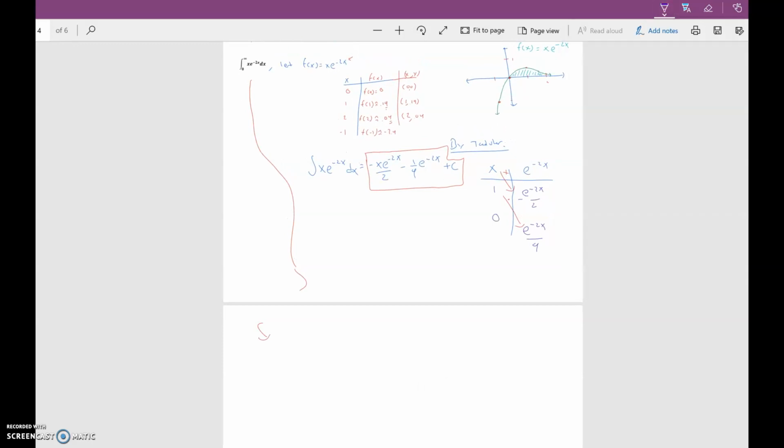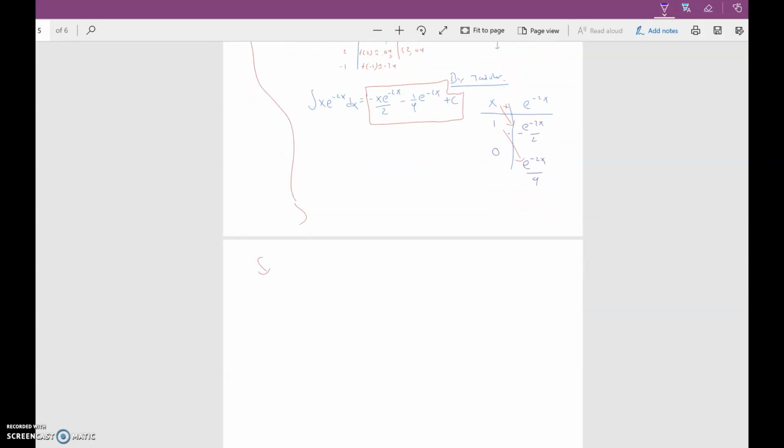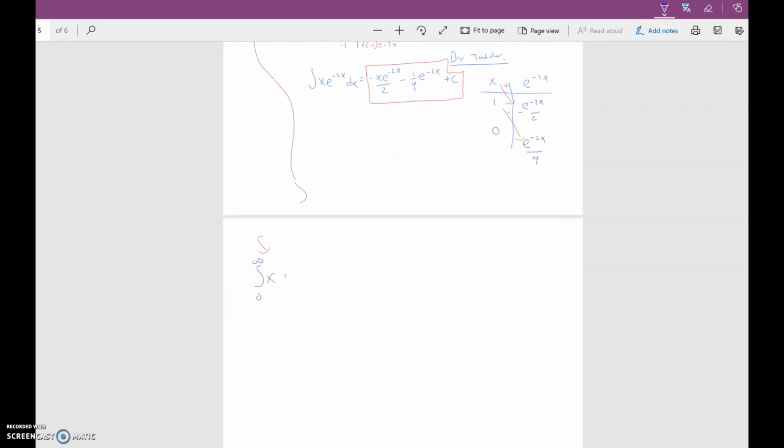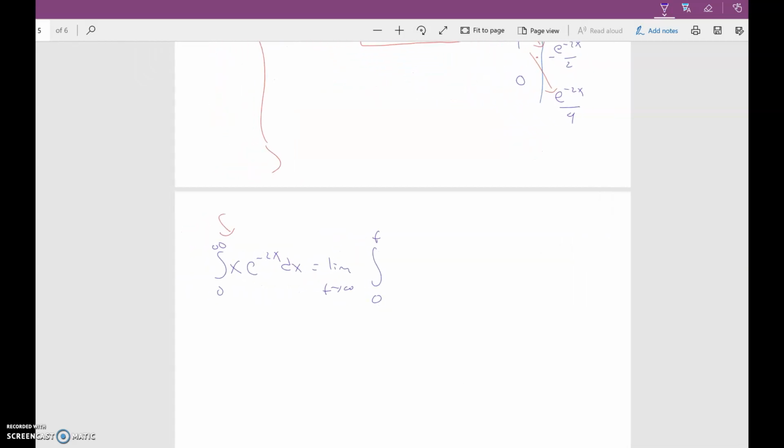In this scenario, we're looking at the integral from 0 to positive infinity of x e to the negative 2x dx, which is actually equal to the limit as t approaches infinity of the integral from 0 to t of x e to the negative 2x dx.